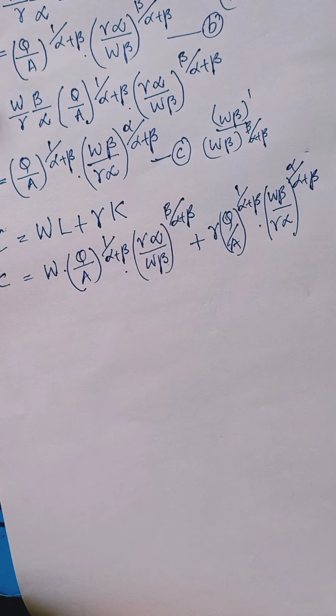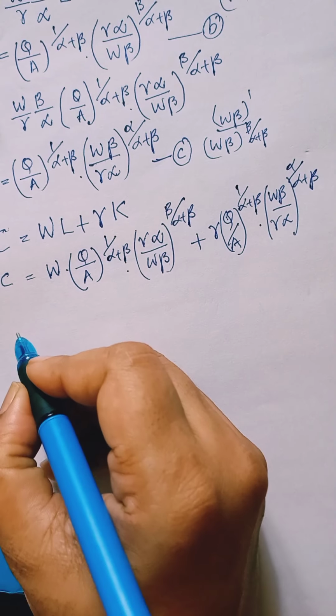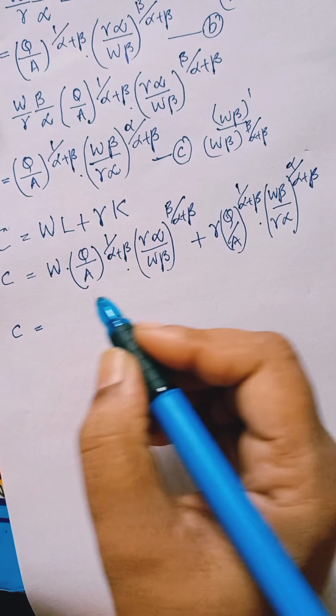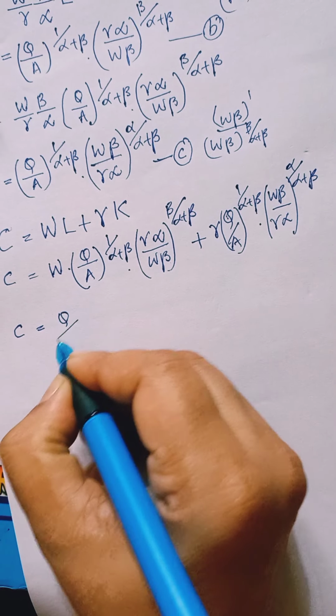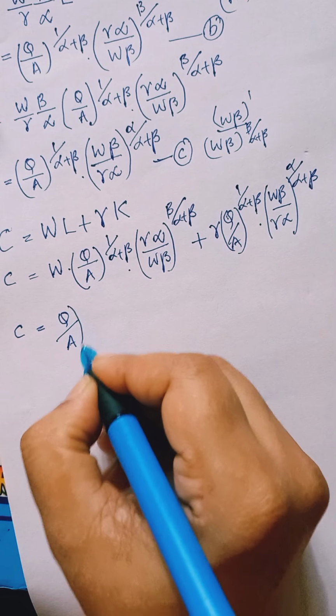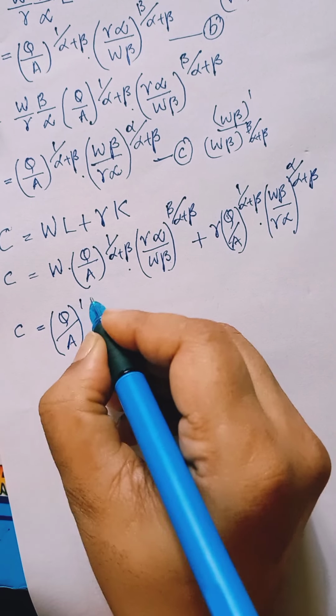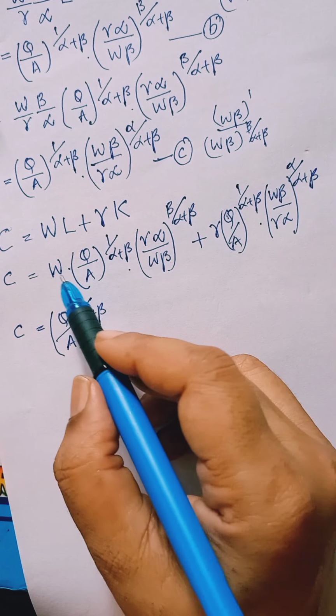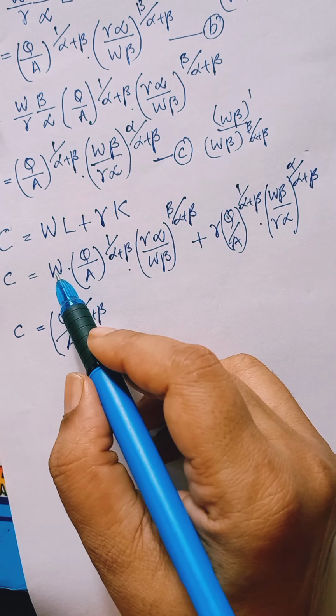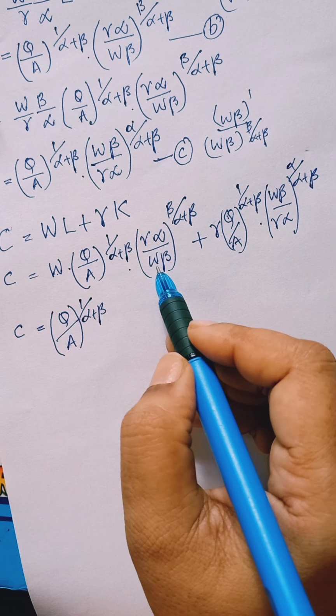Then let us rearrange this equation. That is, C is equal to Q by A is common. Therefore we can take (Q by A) outside, raised to 1 by alpha plus beta. Then here W is there, and again here W is there.